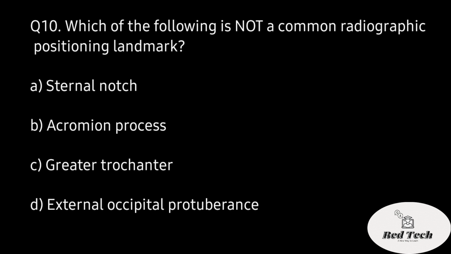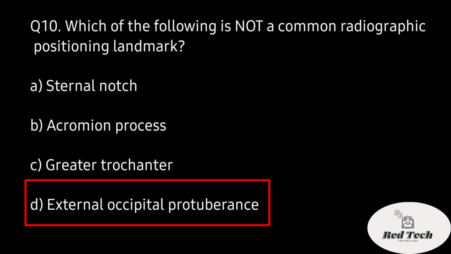The first three options are common radiographic positioning landmarks which are used in daily practice. You can easily get them. So option D is the right answer, external occipital protuberance, which is present on the back of the occipital bone, and gives an outer projection that you can feel.